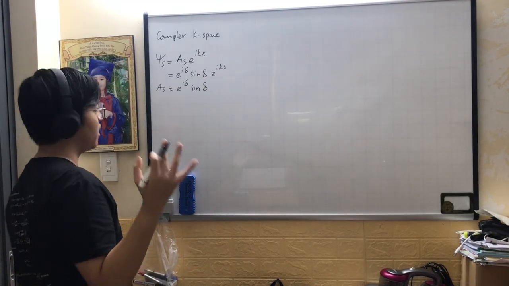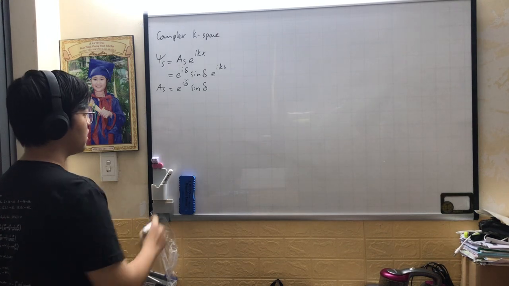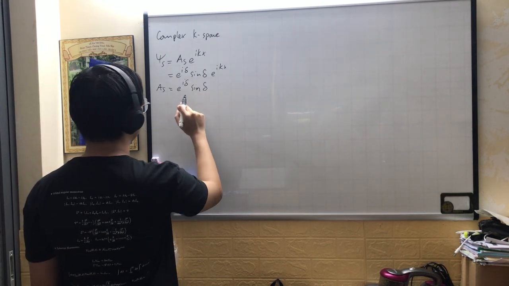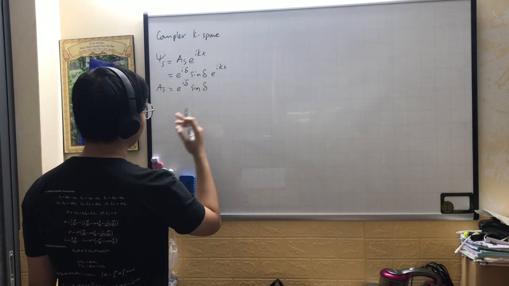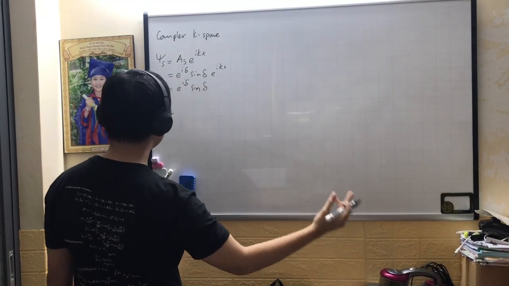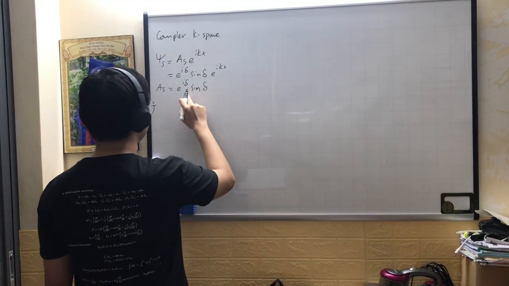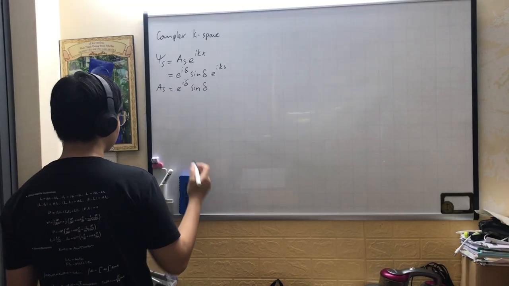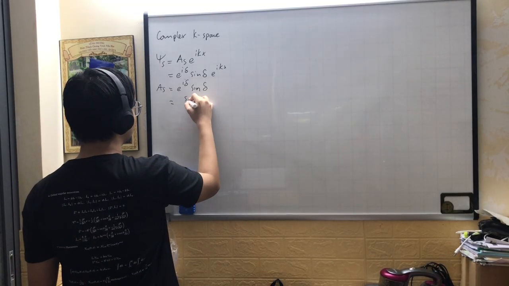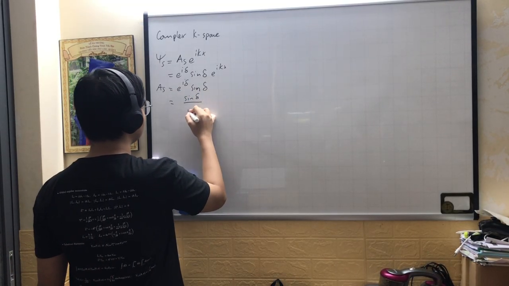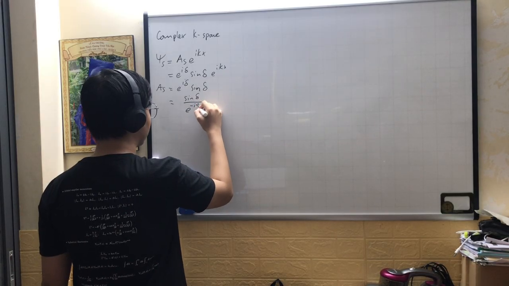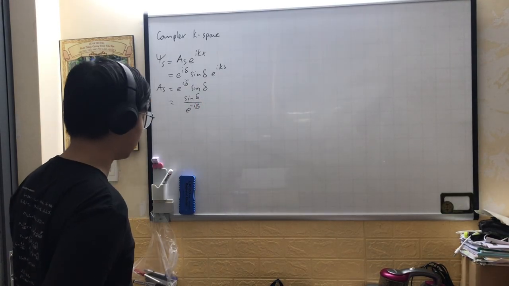And here you can rewrite this by putting the e into an e^(-iδ), so you can put it down to the denominator. So you would get sin δ over e^(-iδ).